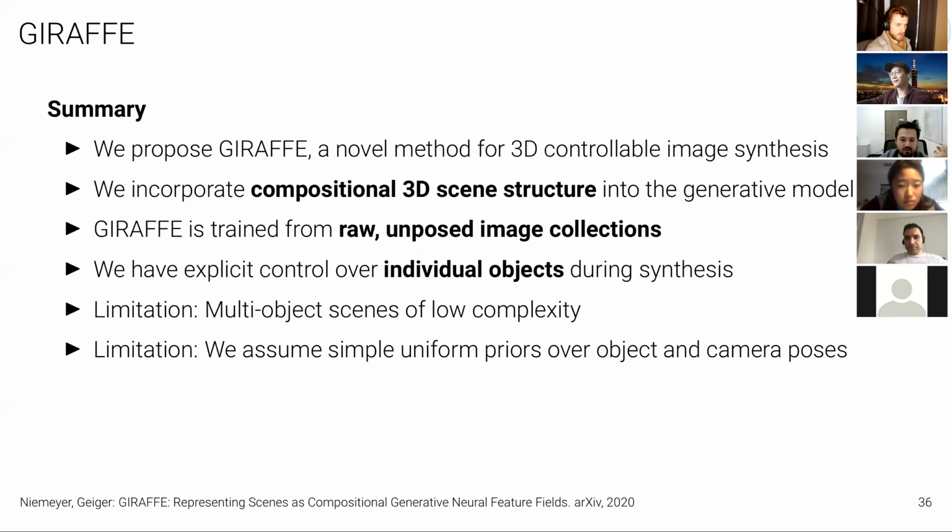Yeah, I think this touches, from a broader view, on an important aspect that I also mentioned under the limitations. It's really cool that we can train only on these image collections, but of course this has its limits, right? As I mentioned in the limitations, we assume very simple priors over the object and camera poses, and the size.